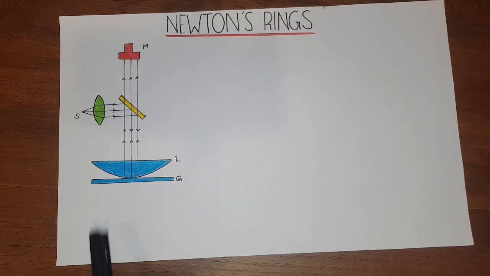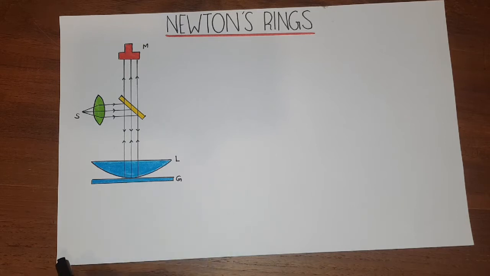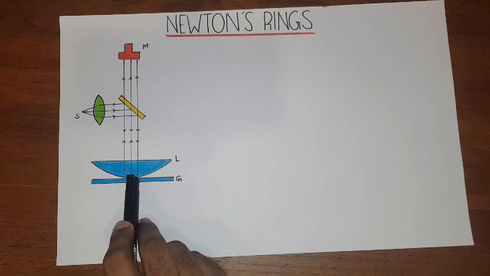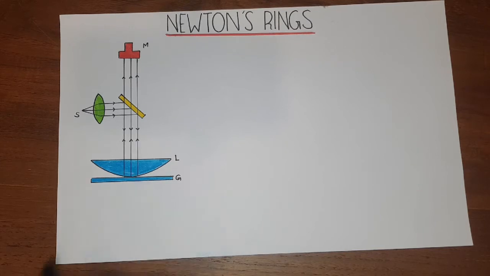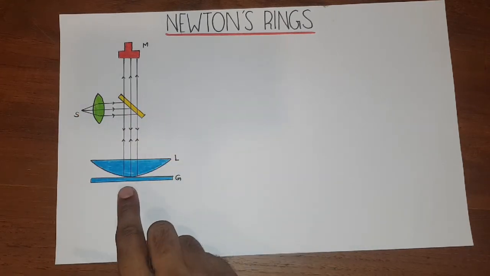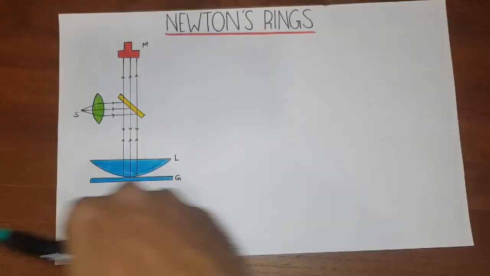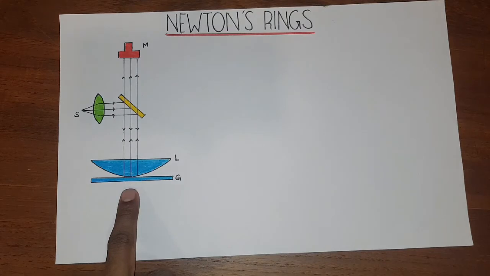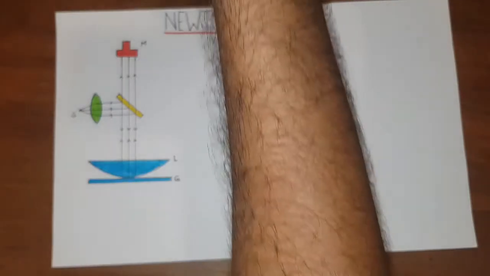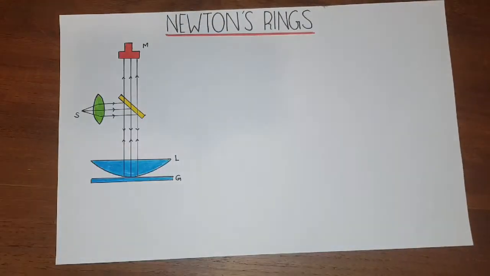So here at the center the glass plate and the lens is touching. So there is no thin film at this central point. And as we go outwards, the thickness of the film goes gradually increasing. But this is in a circular way. If you just imagine this in three dimension, if you look from the top part, the same thickness part will be in the form of a circular shape.